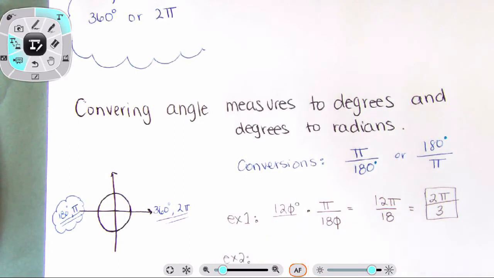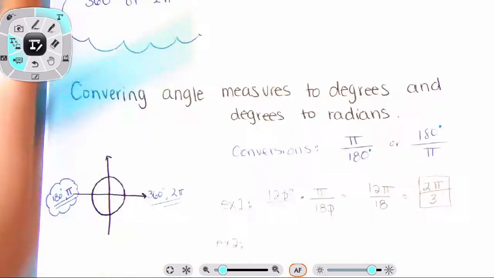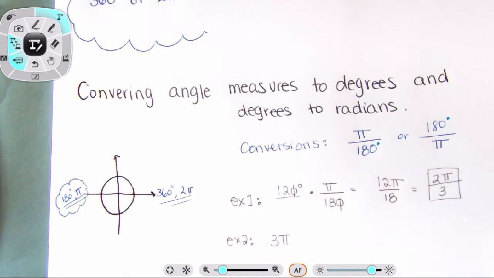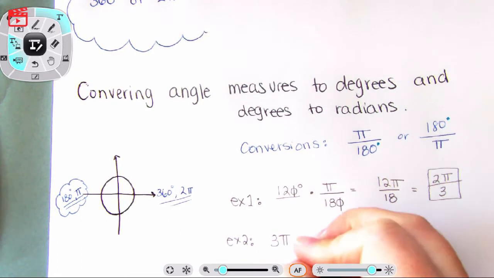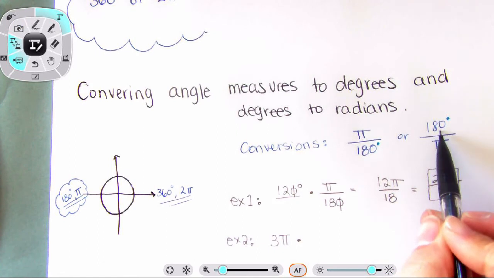Go the other way. If we want something in degrees, we want to put degrees on top. So we want to get rid of our radians. So let's do, I don't know, something like 3 pi. And we want this in degrees, so I'm going to say 3 pi times, which one do I use? I use the one that I want on top.